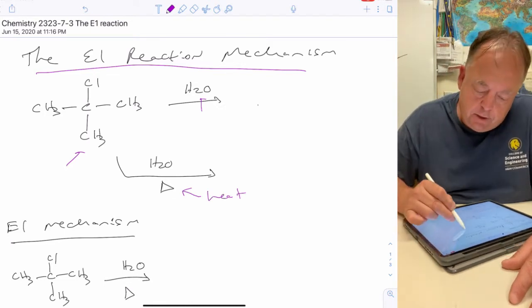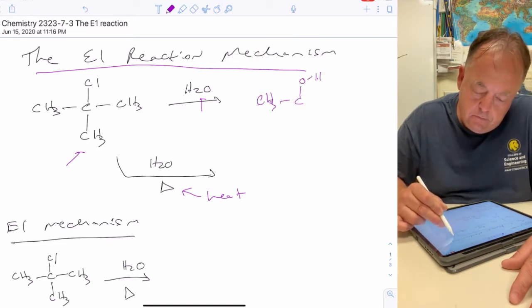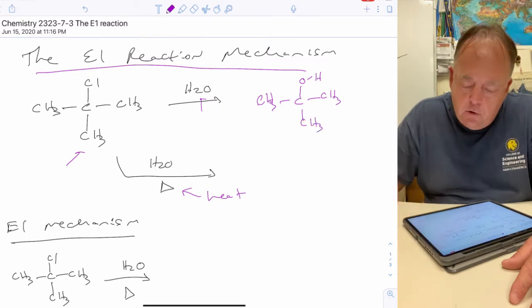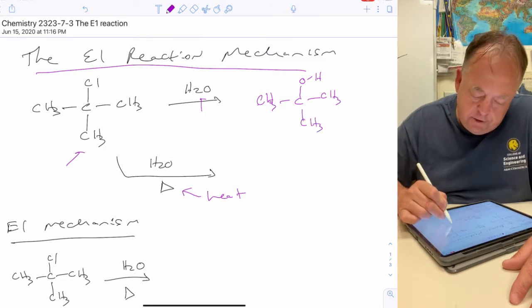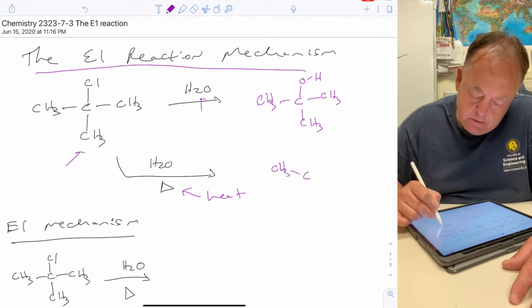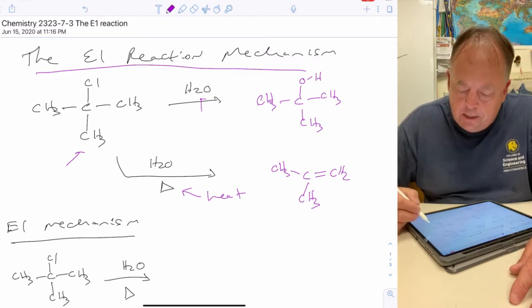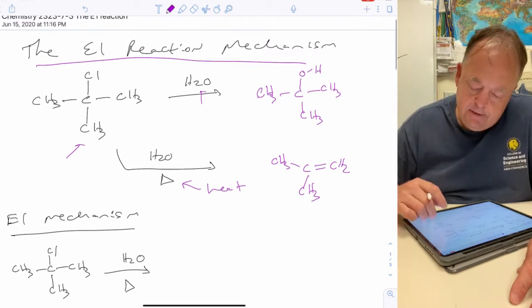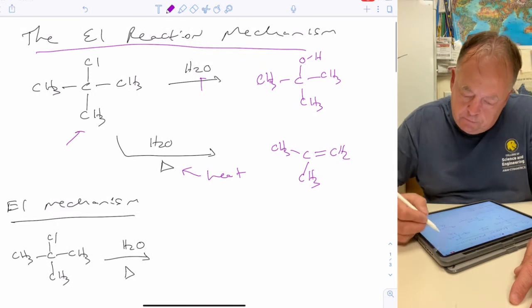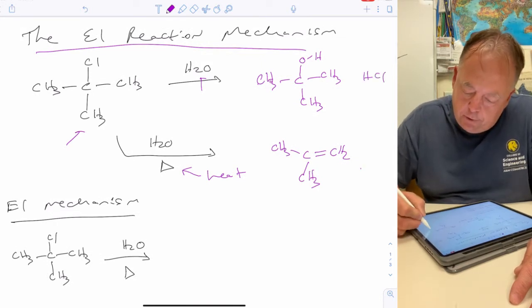The major product with just water would be the alcohol, but if you heat this reaction instead, you do get some alcohol, but the major product would be the alkene. And in both cases, you get HCl side product.